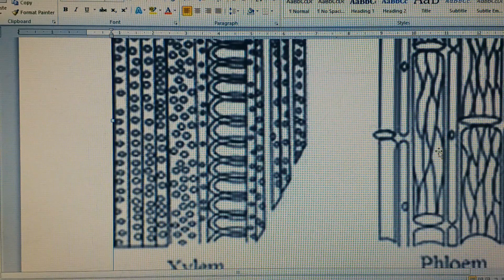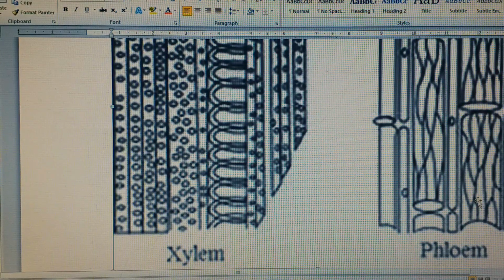This food is then transported to various parts of the plant with the help of phloem tissue. Phloem carries the food prepared by the leaves to the roots and other parts of the plant.